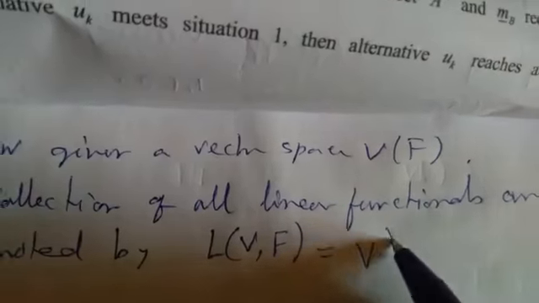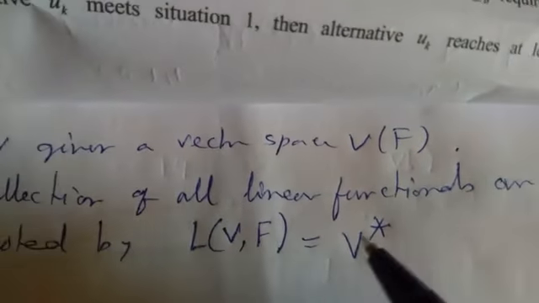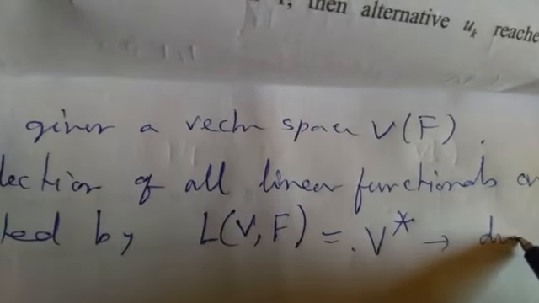Let us denote it by V star. This is called the dual space of V.